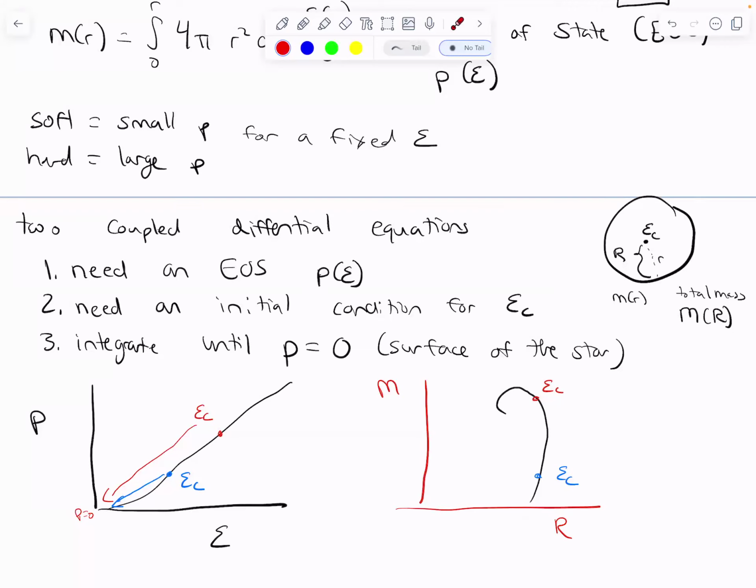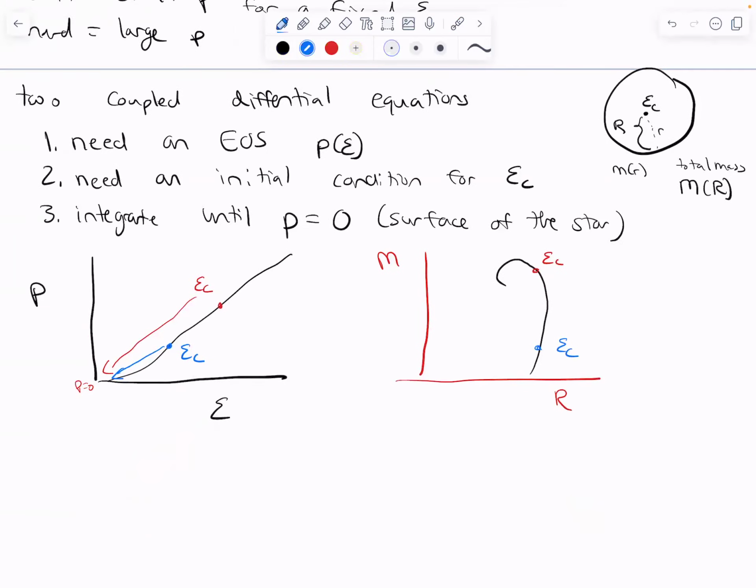In fact, if they spin too fast, there's something called the mass shedding limit, where they would just shred apart and no longer be a neutron star. They would not be stable. So most neutron stars in the universe should fit right on this line if we knew the precise equation of state. By the way, if you have any questions, feel free to stop me and ask. I'm happy to answer them as we go along.